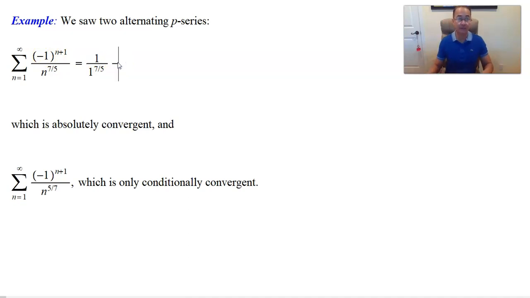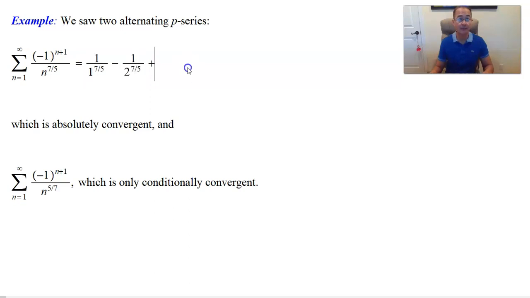So it is alternating, of course. So this time it's minus 1 over 2 to the 7 over 5. And then at 3, it's going to be minus 1 to the 4, which is back to positive. So now it's going to be positive 1 over 3 to the 7 over 5. And then the next one will be minus 1 over 4 to the 7 over 5.